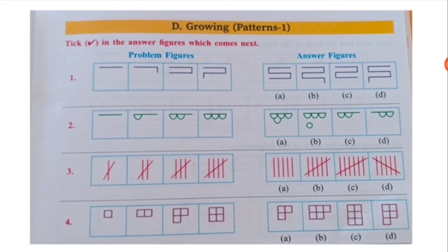Okay, fourth one. In the first picture they have shown a square, then in the second picture 2 squares, 3 squares and 4 squares. So it is a growing pattern. Then we have to find out what will be the next. In the second picture we come to know from which side we have to draw growing squares.